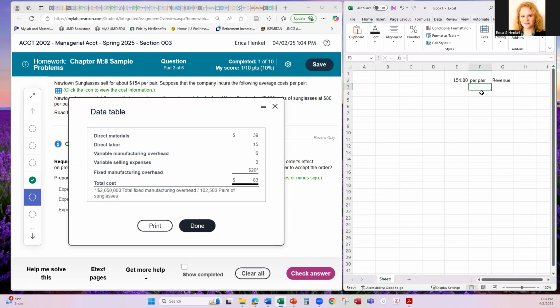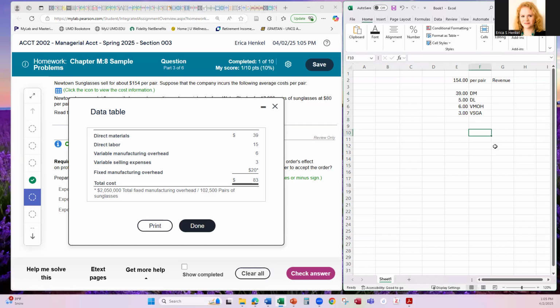All right, and then, so we've got direct materials, direct labor, variable manufacturing overhead. And then we've also got variable selling, general and administrative for $3 here.